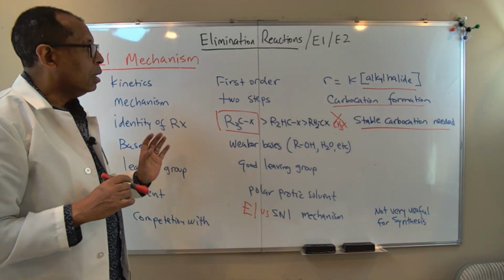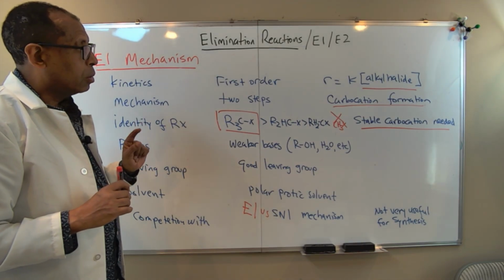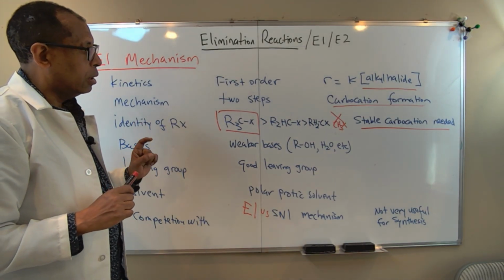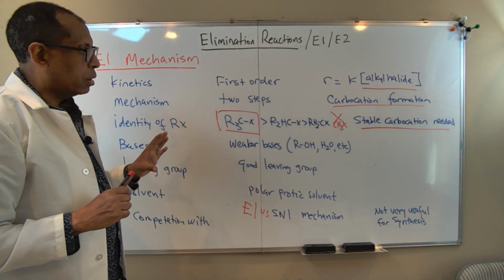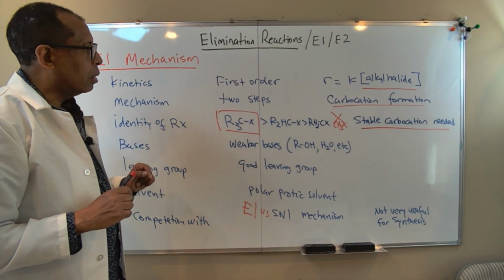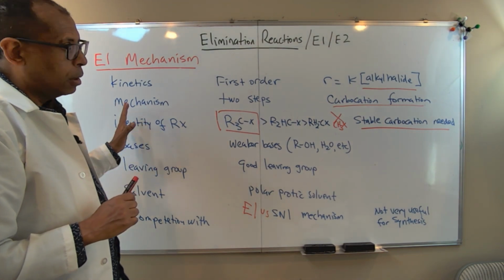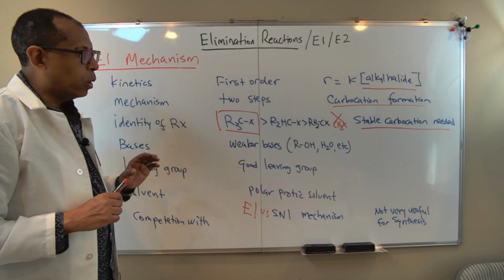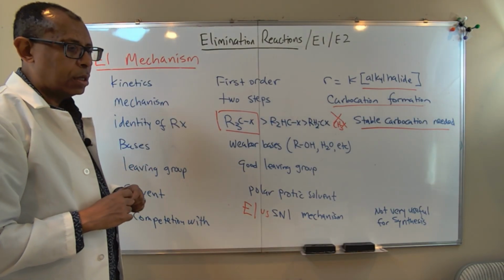So with this, we'll just conclude about E1. There are important aspects of the E2 mechanism that we will consider in the next video. So this is a conclusion or a summary of the E1 mechanism of our elimination reaction.